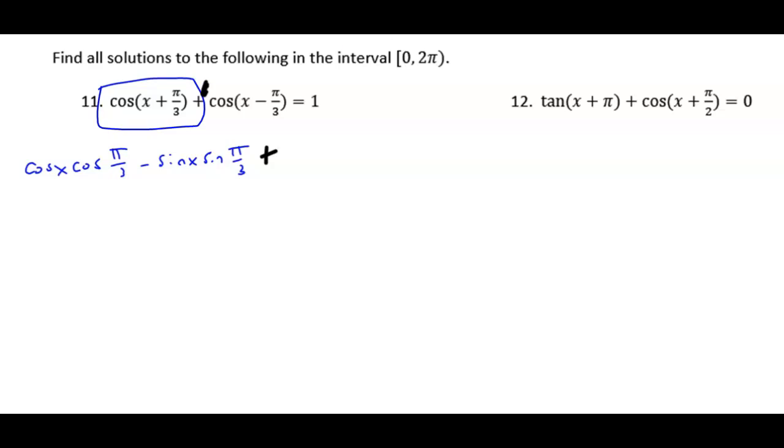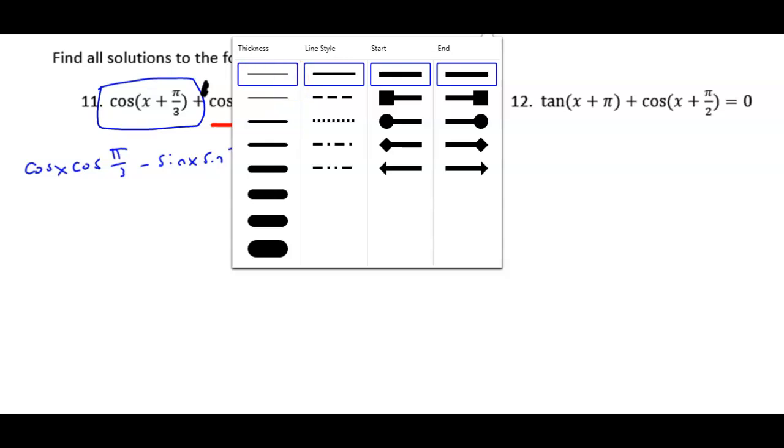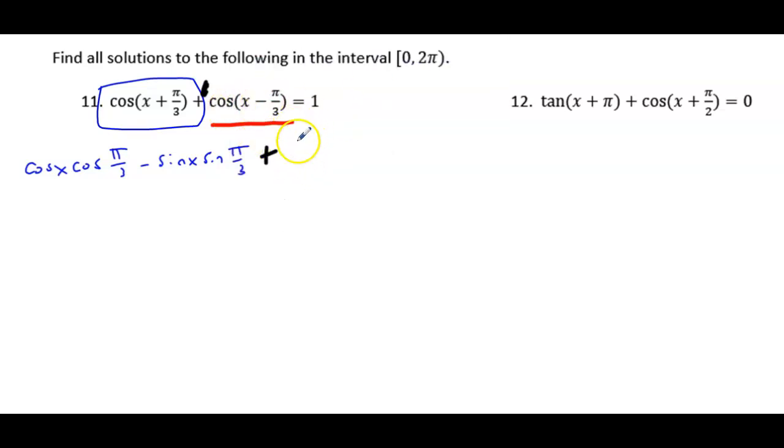And then I'm going to do this side in red so you can see the difference. So cosine of A minus B this time. So cosine of X, cosine of pi over 3, plus sine of X, sine of pi over 3, and that equals 1. Now, that's the red right there. That's the plus.